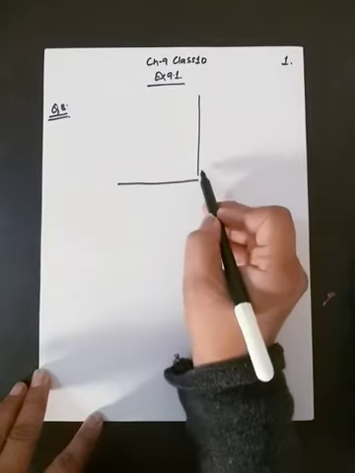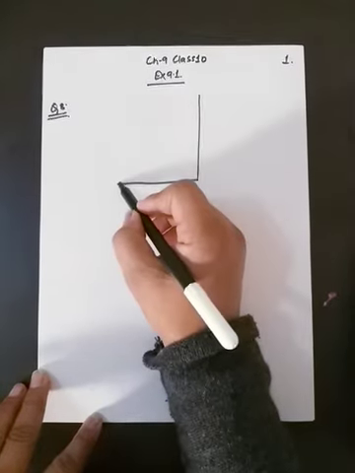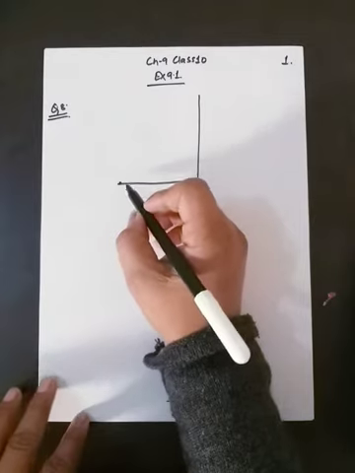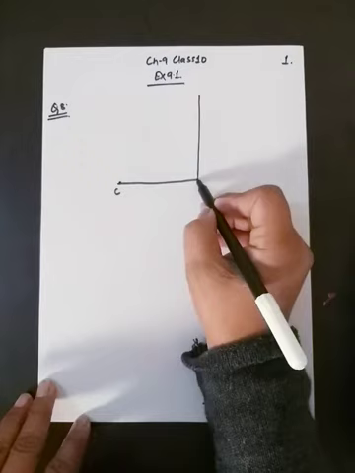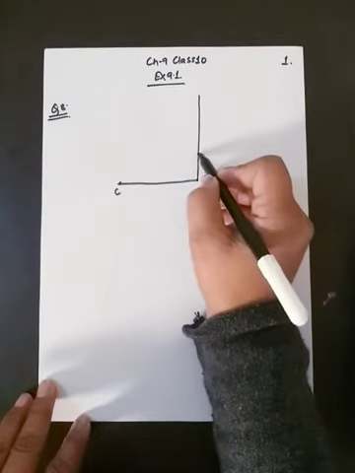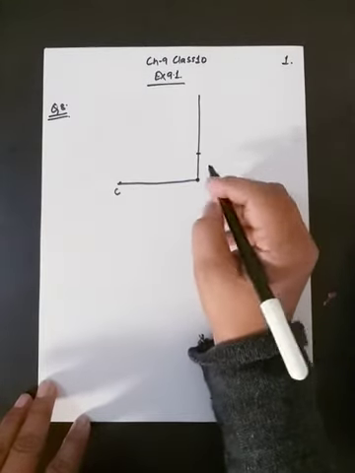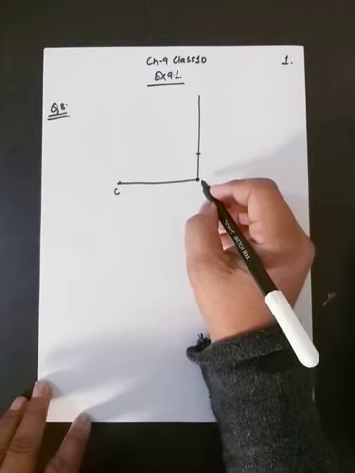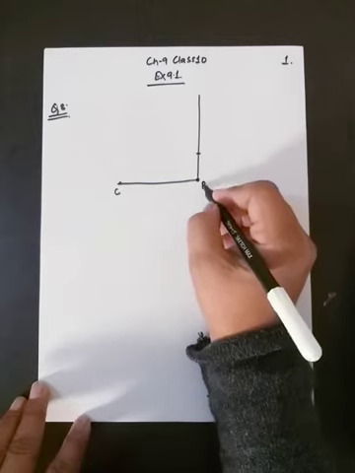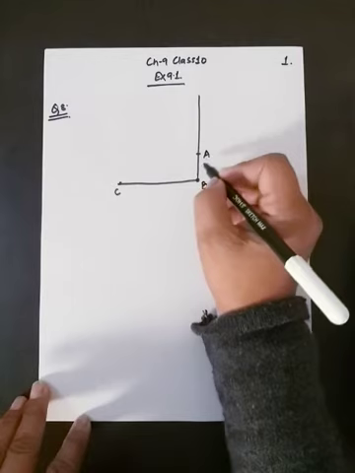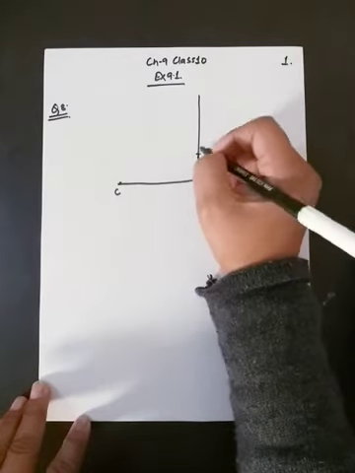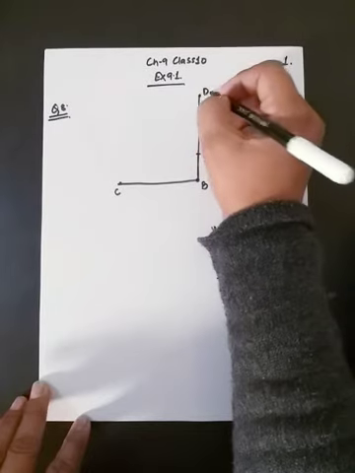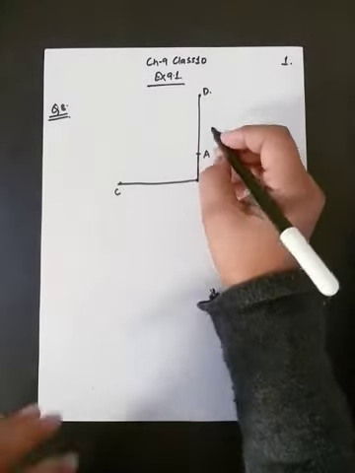So this is the ground, and let this be the point on the ground. In this figure, AB represents the height of the pedestal because the statue is fixed on a pedestal. So this one is the pedestal, and AD represents the height of the statue.